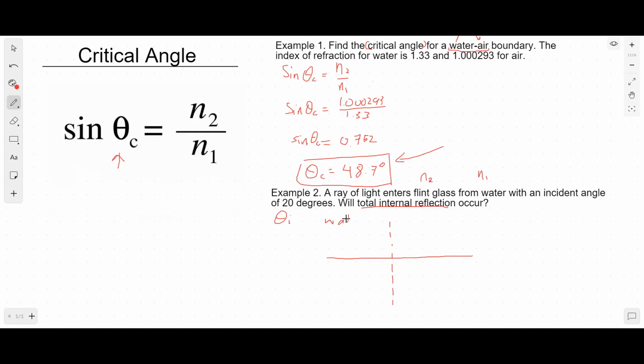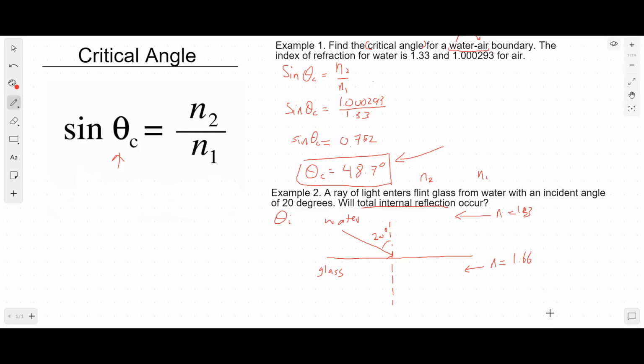So here's my water, here's my glass, and here's my angle of 20 degrees. Now, will total internal reflection occur? Is my first medium more or less dense than my second medium? Water has an N value of 1.33 and glass has an N value of 1.66.